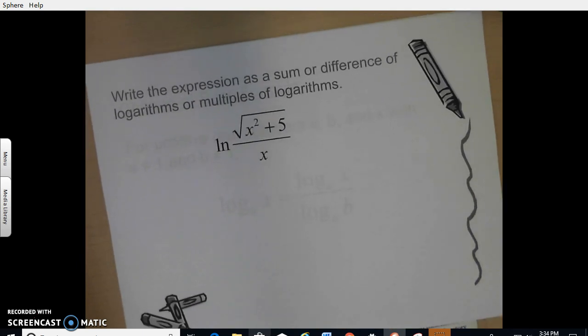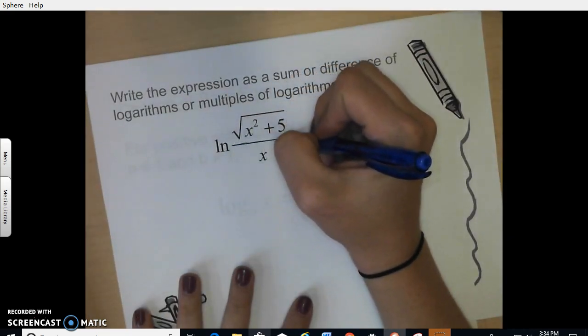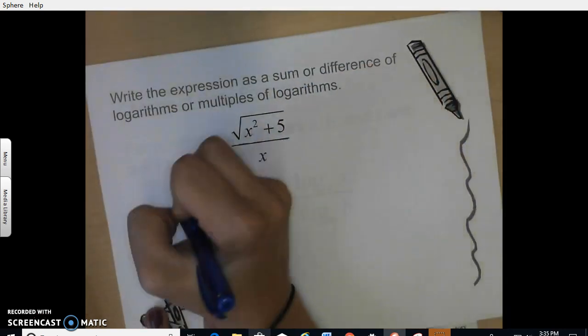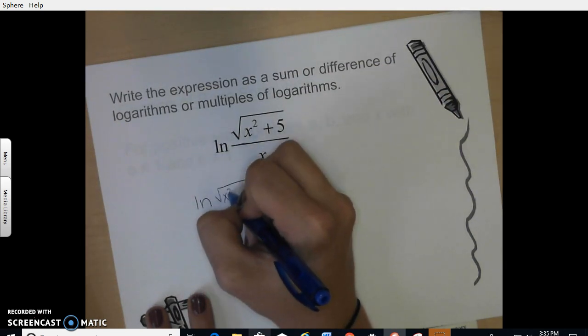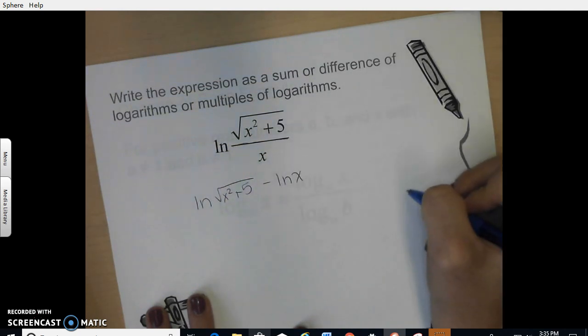Write the expression as a sum or difference of logarithms or multiple logarithms. So I have this division, and the division will then be written as subtraction. So ln of the square root of x squared plus 5 minus ln of x.